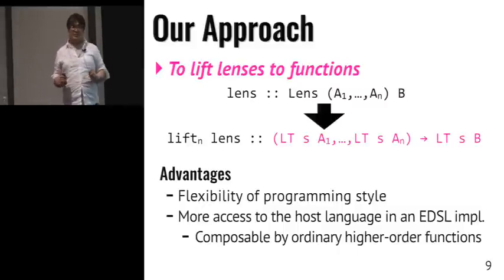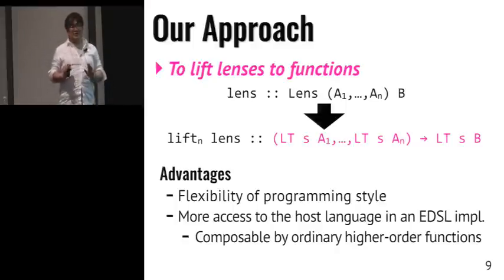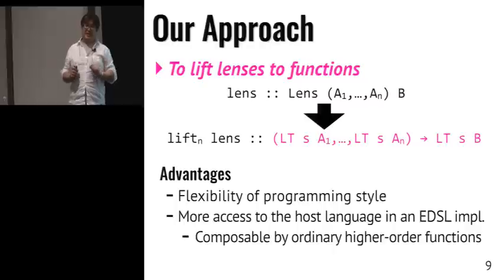Also, the functional representation of lenses has a main advantage: we have more access to the host language in an EDSL style implementation. In particular, we can compose bidirectional transformations using ordinary higher-order functions.